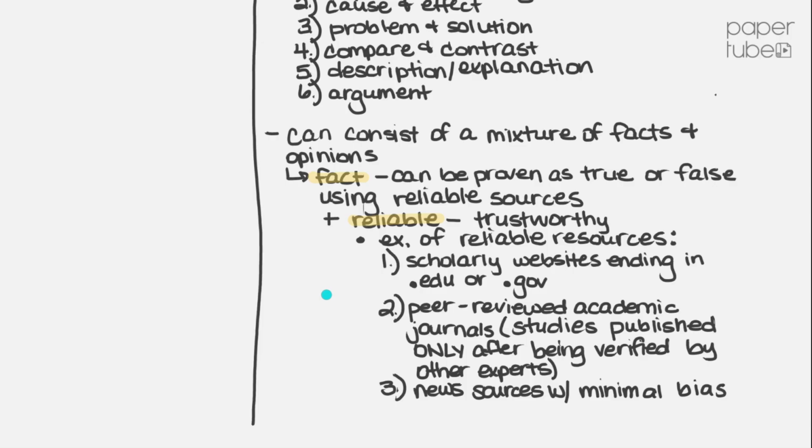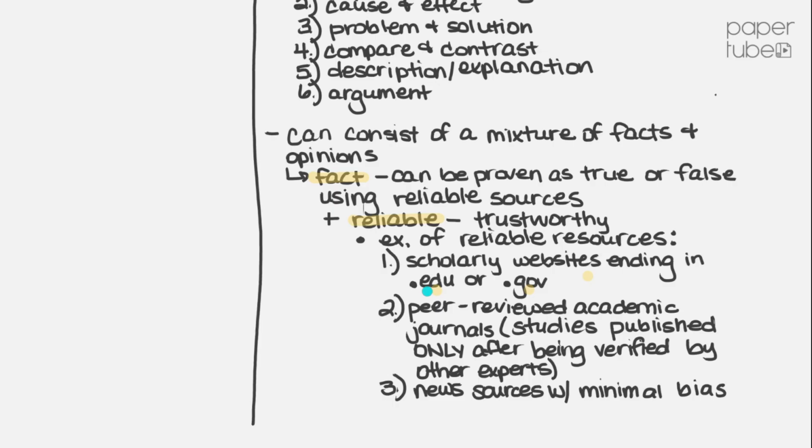You could go to a scholarly website, such as a website that's ending in .edu or .gov. EDU addresses tend to be ones created by universities or schools, so some kind of expert has been involved in creating whatever informational material you're trying to look at.